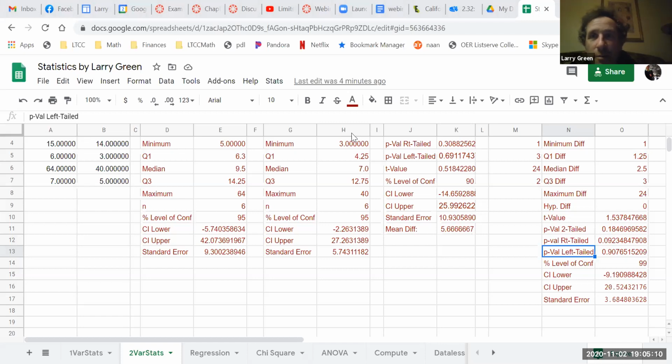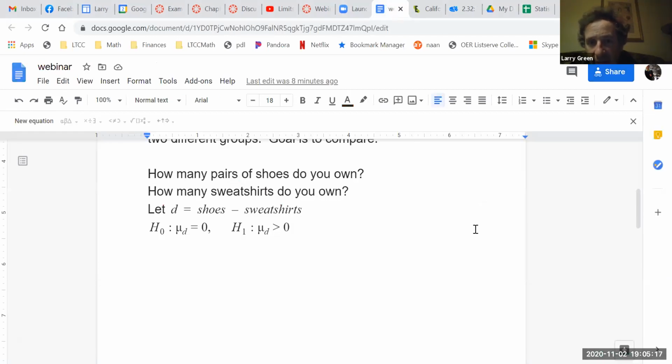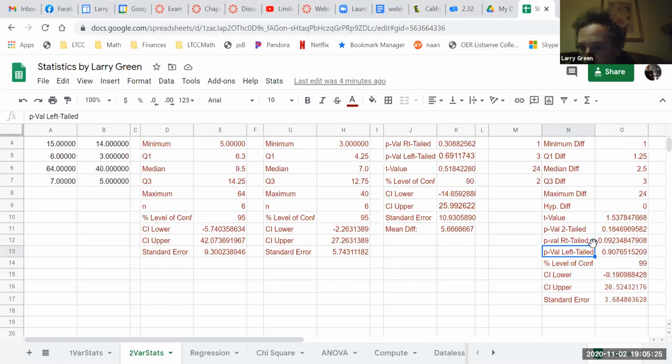Okay, so we may need to go back to our hypothesis. We have mu d is greater than 0, and that makes it a right tail. So the p-value is 0.09.